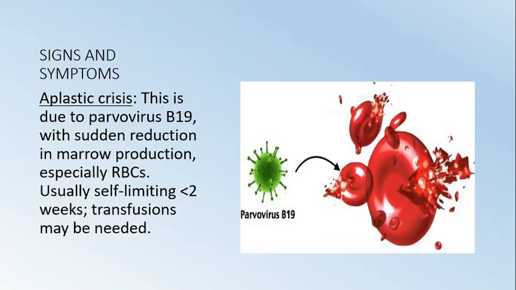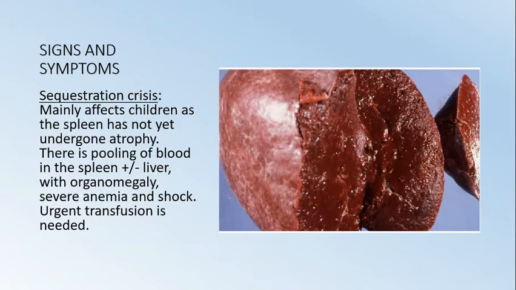So you can see aplastic anemia in sickle cell patients. It is self-limiting, less than 2 weeks, but transfusions may actually be needed. So when there's an aplastic crisis, it calls for transfusion.